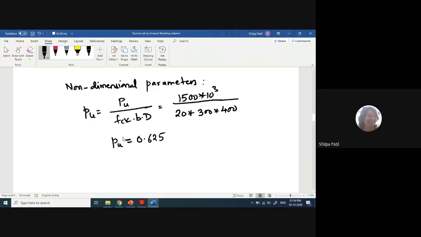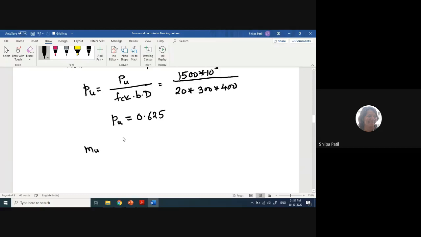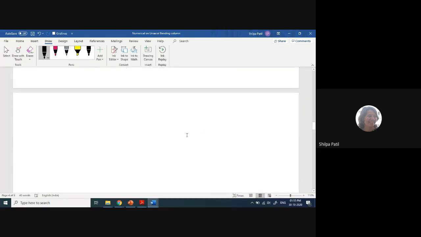0.625. Okay. Then next, small mu is equal to Mu upon fck B D square. Put the values and tell me small mu. 0.104. Yes. So these are the values for our interaction curves, 0.625 and 0.104. Now to choose the appropriate interaction curve, we will require one more data, that is the d dash by D ratio.